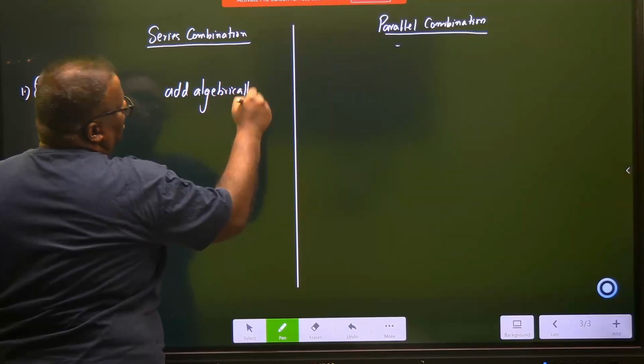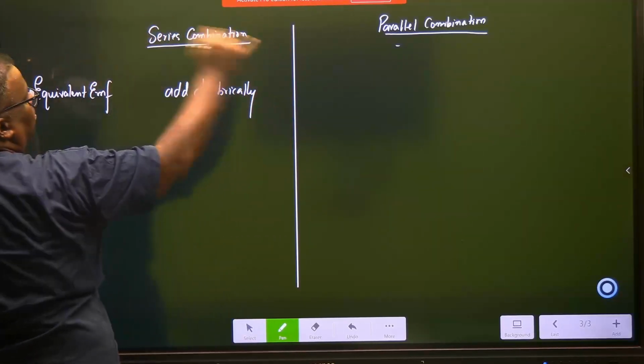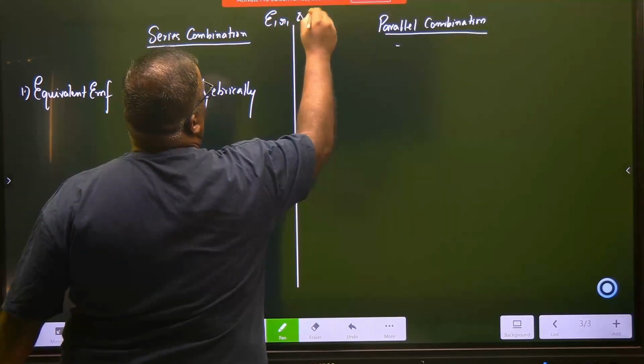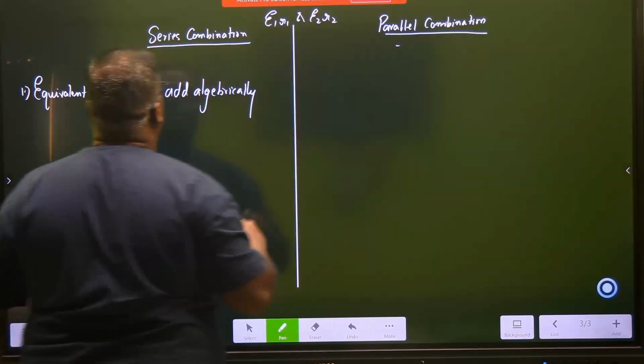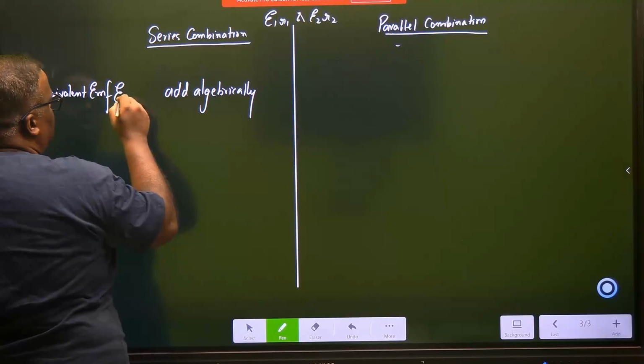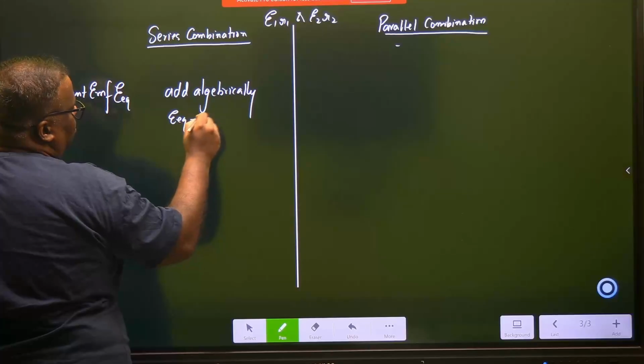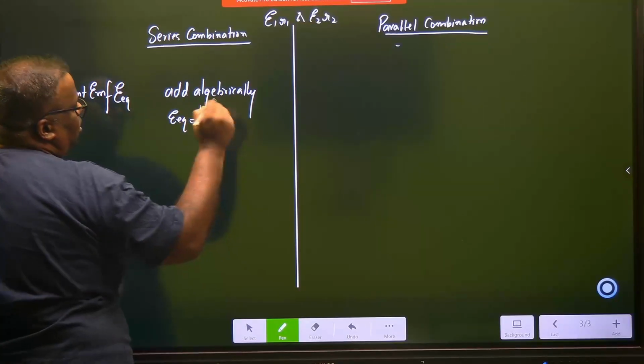algebraically. So let's say that our cells, common for both, are E1 with R1 and E2 with R2. So here equivalent EMF, which is E equivalent, will be equal to E1 plus E2.